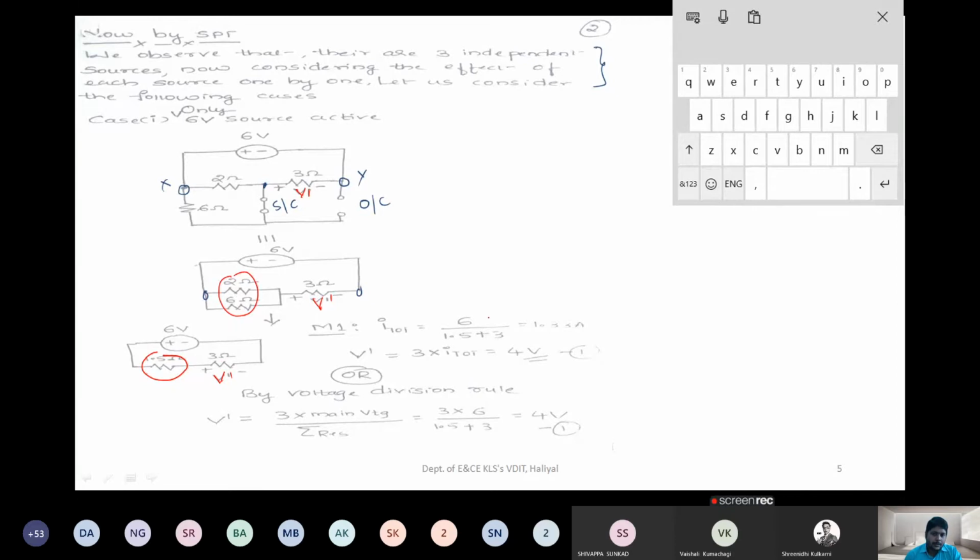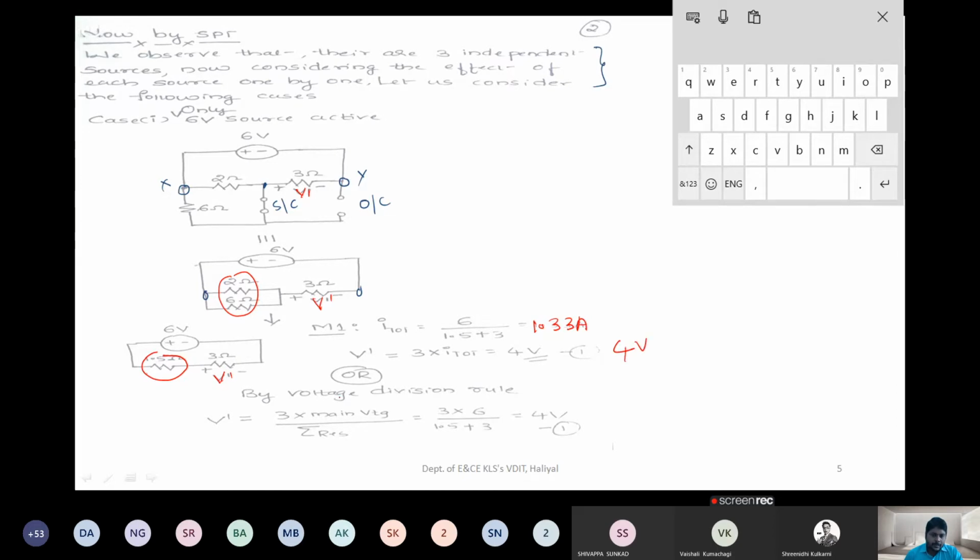Total current I equals V by R, 6 volts divided by the total resistance, 1.5 ohms and 3 ohms, so you will get 1.33 amperes as the current. Now if you want the voltage across 3 ohm, I into R, again I total into 3, so you will get 4 volts.